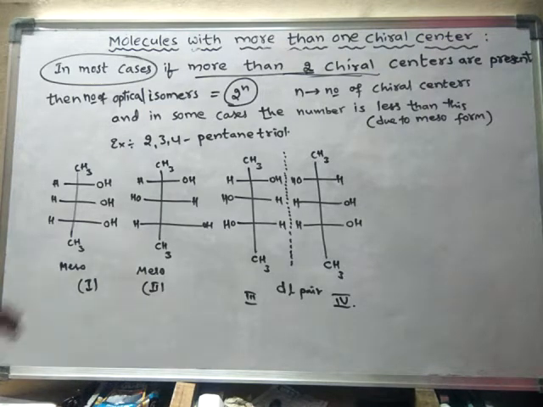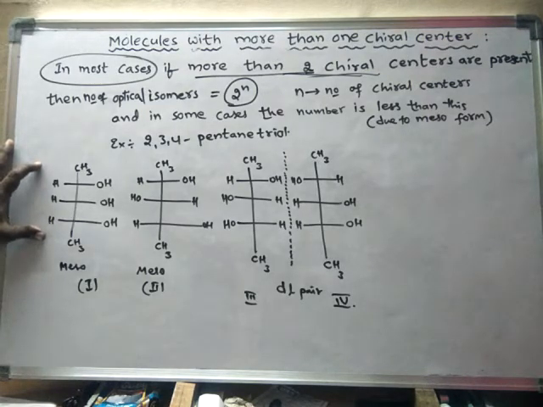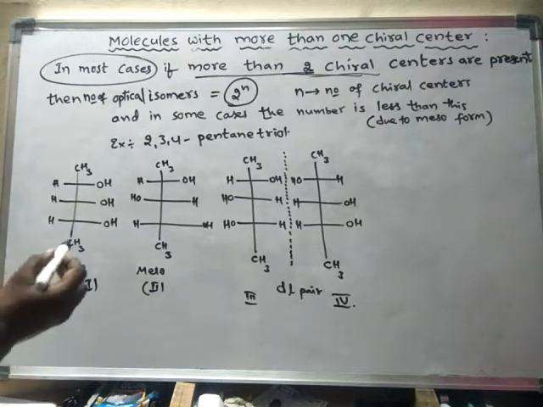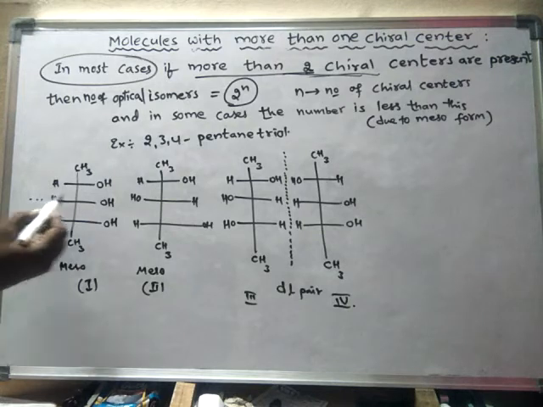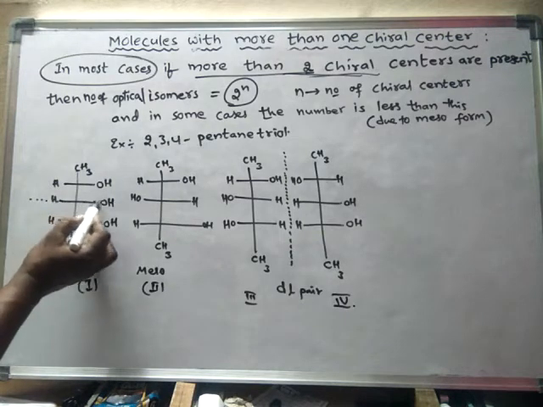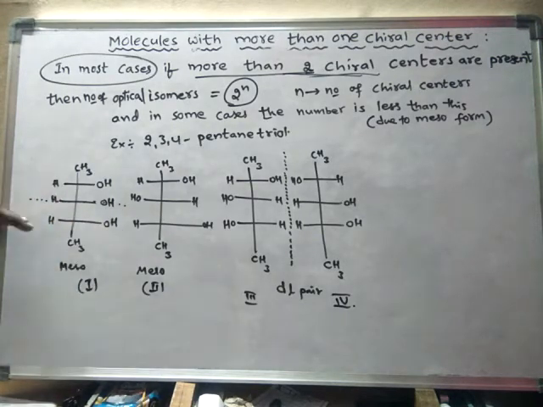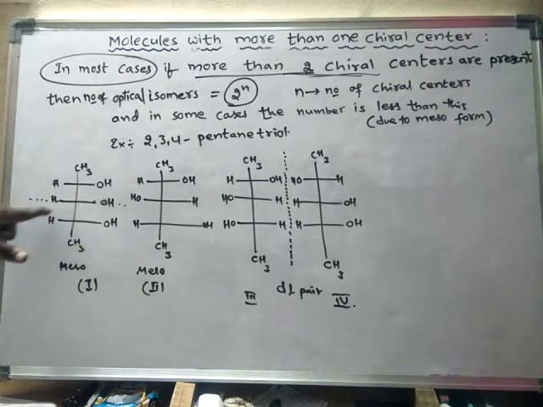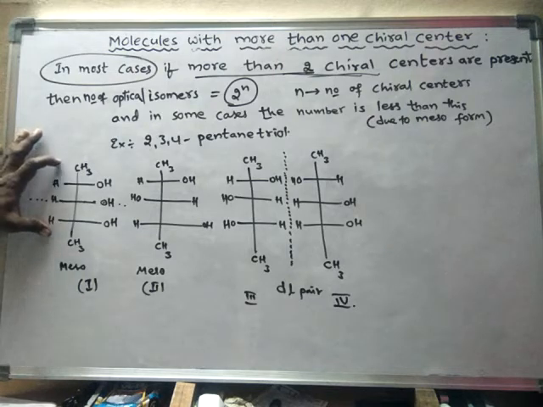Suppose this is one isomer, it is nothing but a meso form. If you divide this molecule through this plane, this portion will be exactly equal to this portion. So these two are alike.